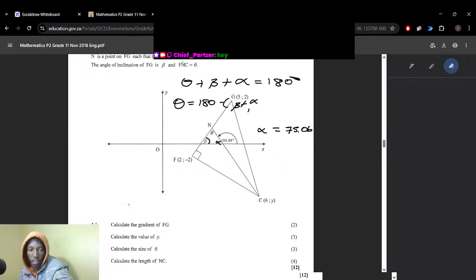Also another fact: if you note, I haven't answered 4.2. If you get stuck on an answer and you do not have an immediate direction on how to answer it, the best thing to do is to move on to the next question.